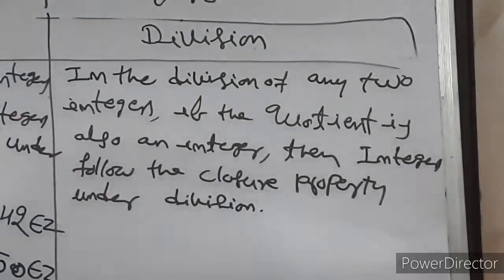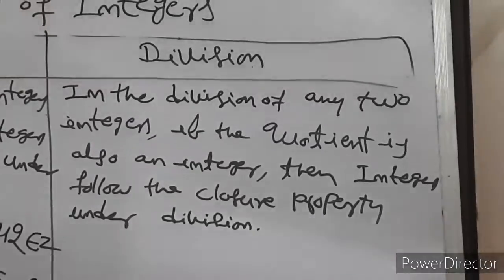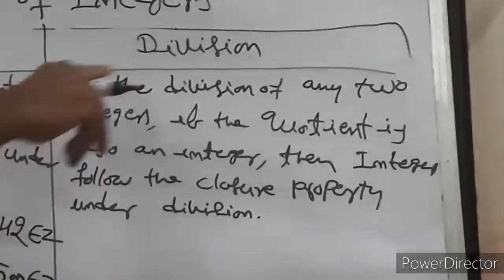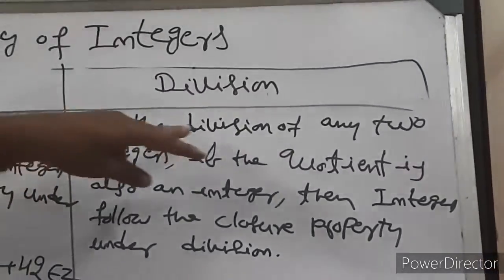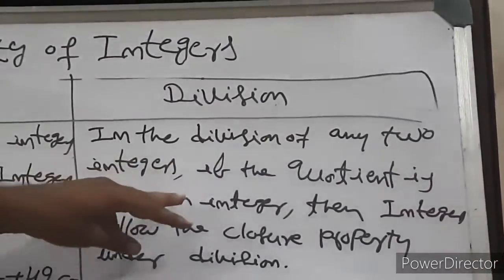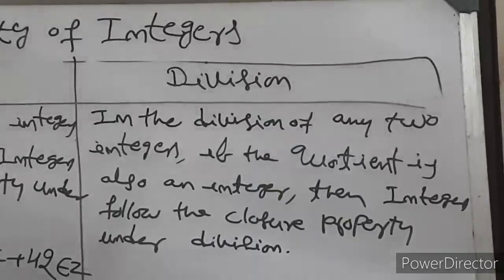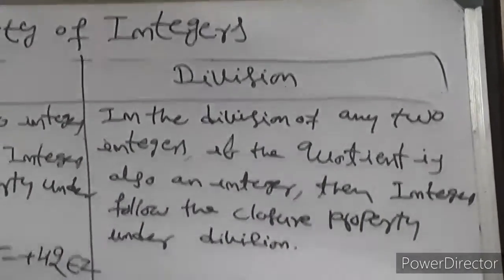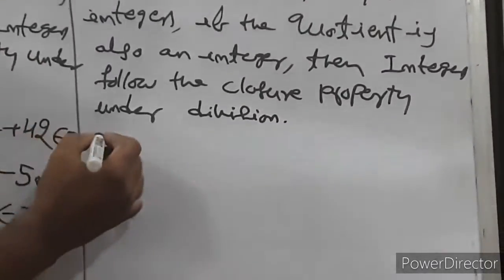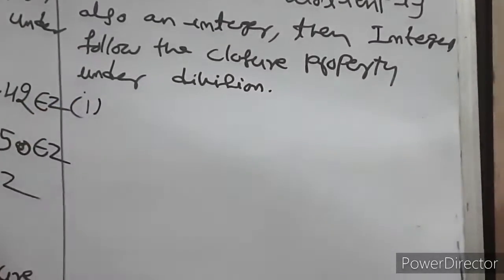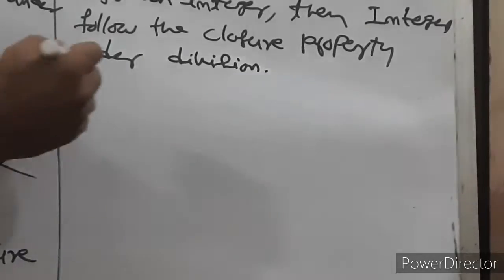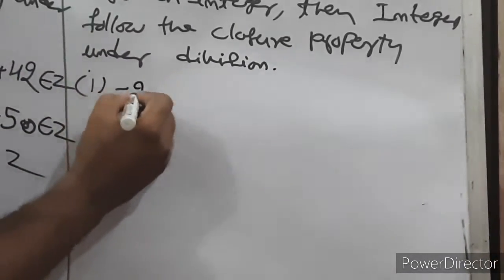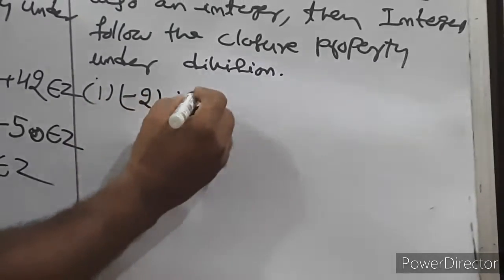So now we also take this property with some examples. In the division of any two integers, the quotient must also be an integer; then only integers follow the closure property. So now let's take some examples. One: minus 2 divided by 4.